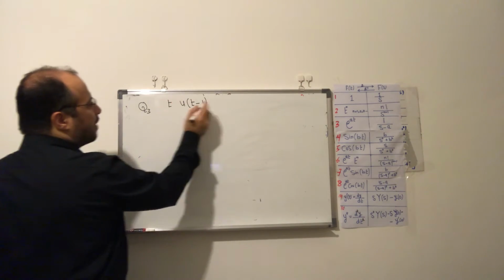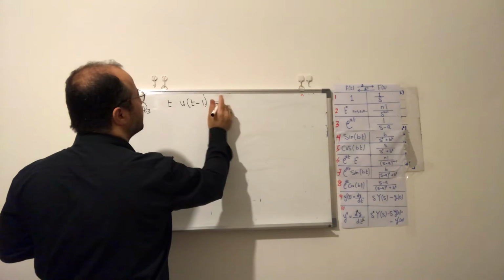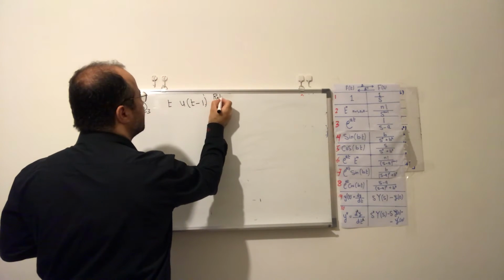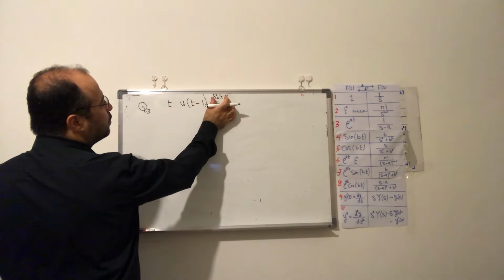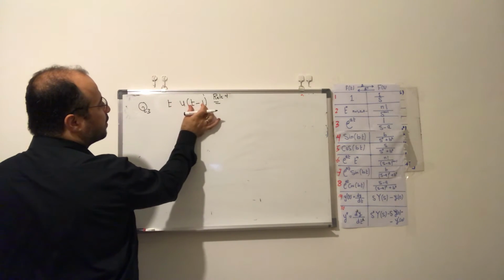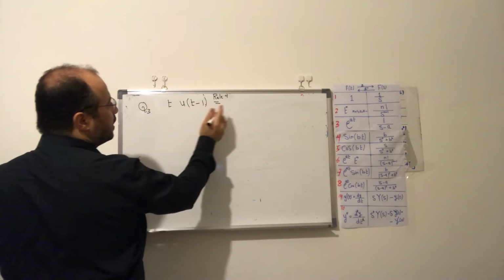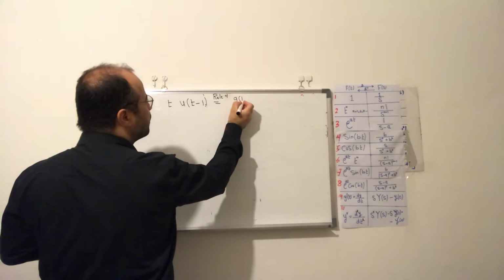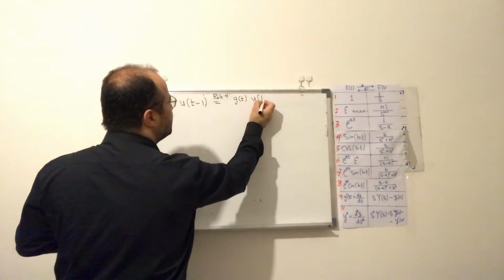I'm going to apply rule number 4. Why am I applying rule number 4? Rule number 4 says a function without any shifting, and a Heaviside function shifted by a units. So I'm looking for g(t) times u(t minus a).